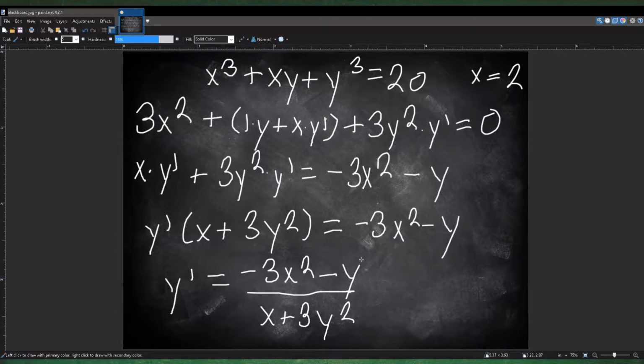You see how weird this is, like something that we get that's kind of simple like this, right? Somewhat simple. It still looks kind of difficult. We have this derivative which uses x and y together. So usually when you do derivatives, you only have one variable, like usually just the x. But now when you have implicit differentiation, you usually have two variables. So you have x and y.